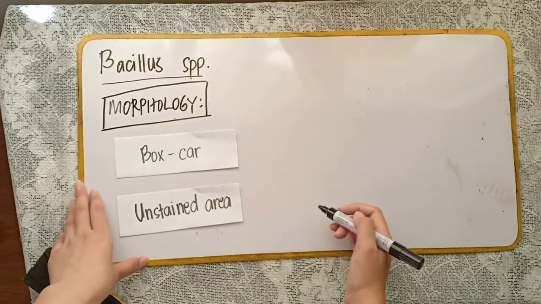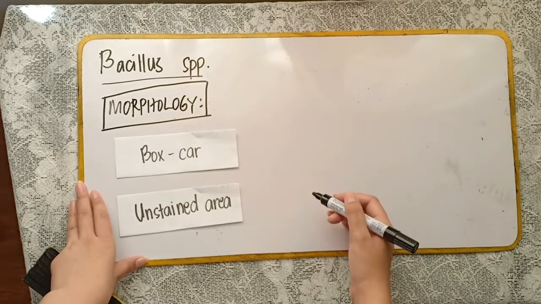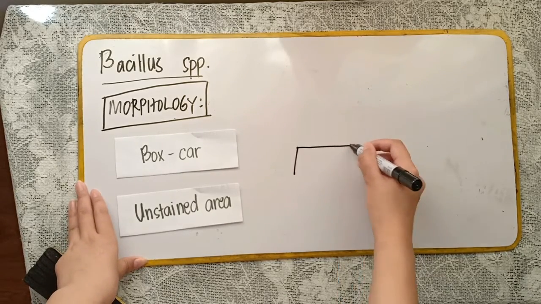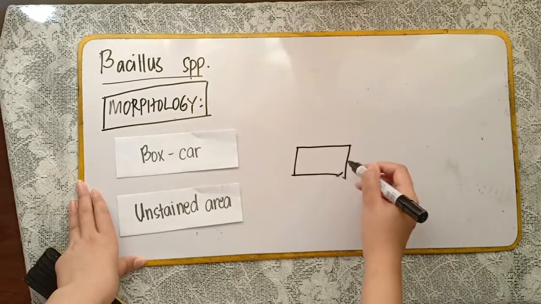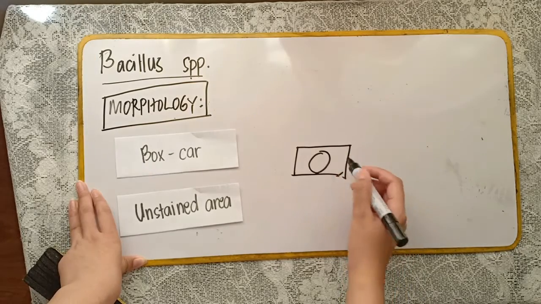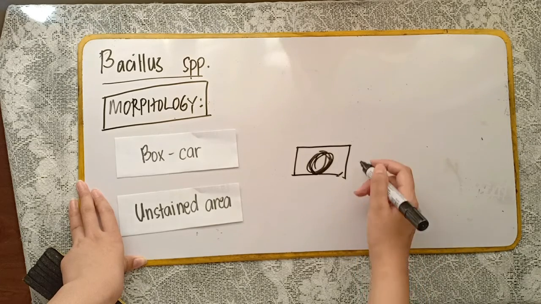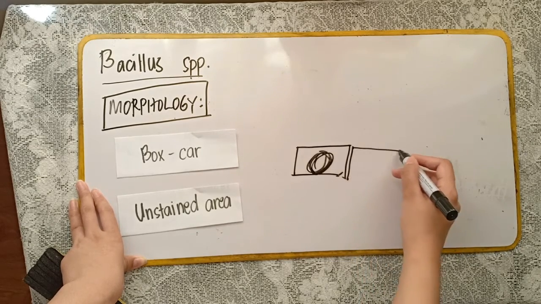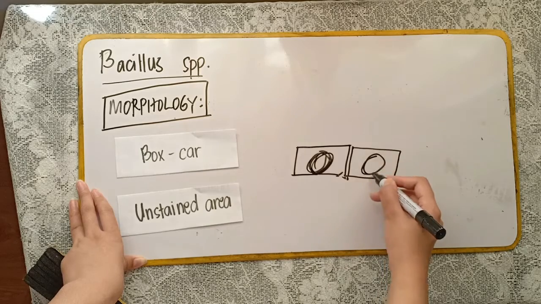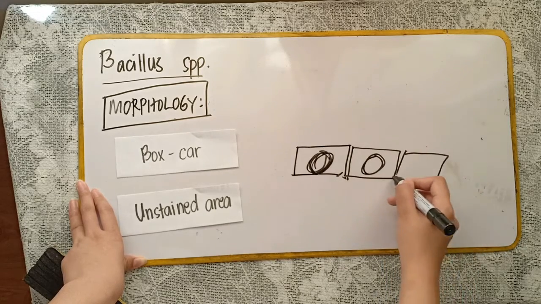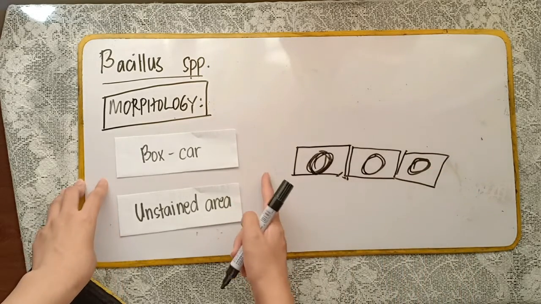They are square-ended rod with a centrally located endospore. Ito, yung area na ito, hindi siya may stain ng gram stain lang. Okay, so, ganyan ang itsura niya, arranged in chains. Kaya, we describe it as boxcar appearance.